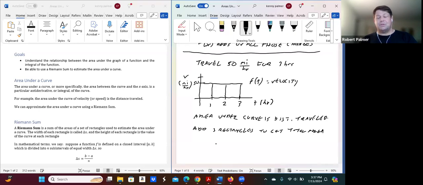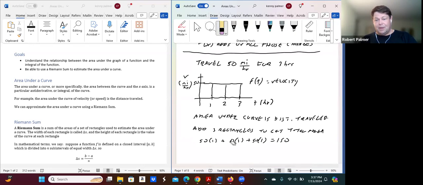Each one is 50 times 1, so 50 times 1, plus 50 times 1, the height of each one being 50 and the width of each one being 1, then plus 50 times 1. And of course, that's going to be 150. It'll also be the same if you just multiply 50 times 3.